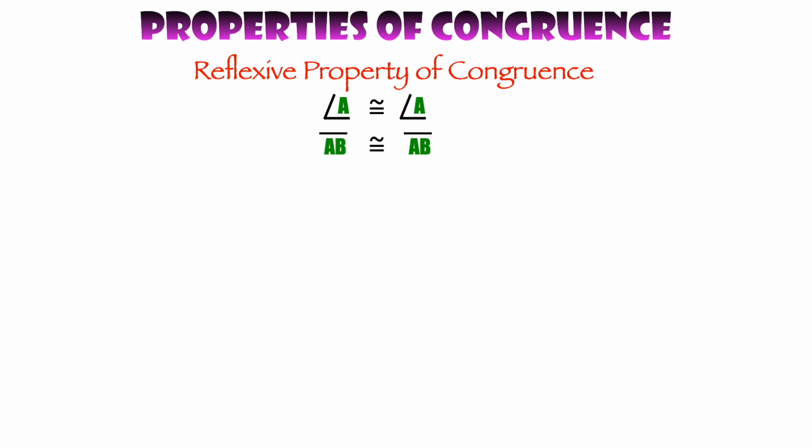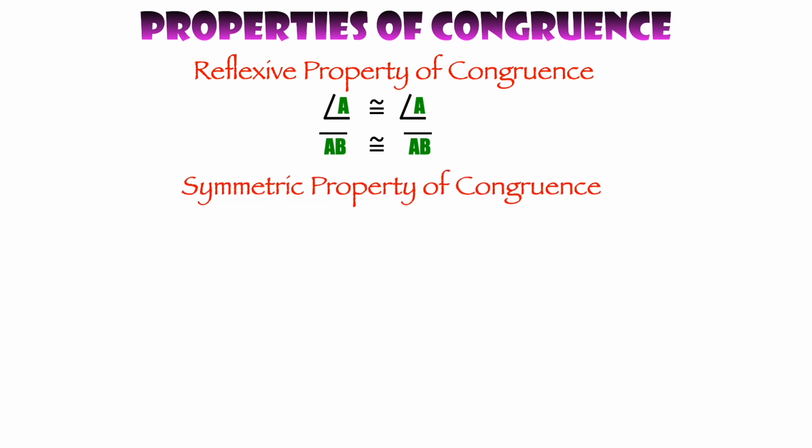Meron din tayong symmetric property of congruence. If angle A is congruent to angle B, pwede nating pagpalitin yung angle A at saka angle B. Then, angle B is congruent to angle A. Symmetric yan.